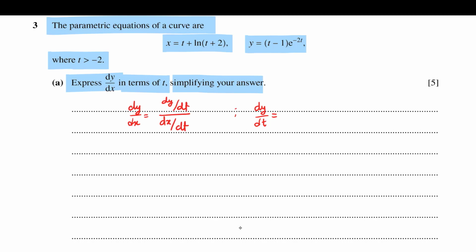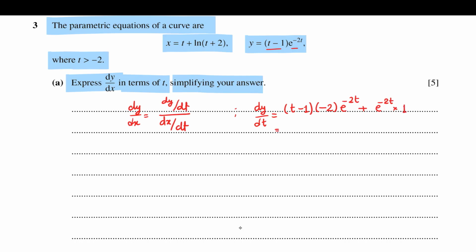There are going to be two functions, so we are going to use the product rule and chain rule. First function as such t minus 1, and differentiation of the second function e to the power minus 2t is minus 2 e to the power minus 2t, plus the second function as such, and differentiation of the first function t minus 1 is 1.